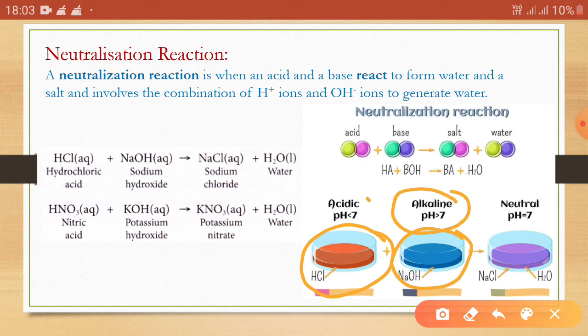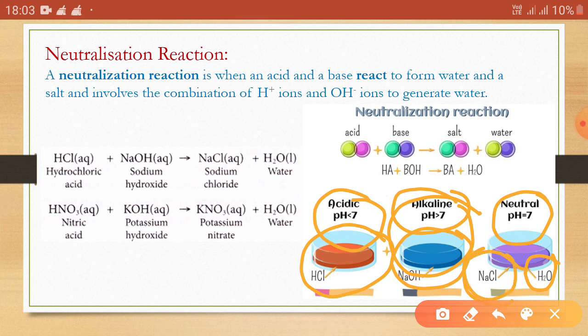So when this acid and alkali react, it gives us neutral, that is water, H2O, and salt, NaCl, that is sodium chloride. So this reaction is known as the neutralization reaction. Here acid neutralizes base or base neutralizes acid and gives water and salt.